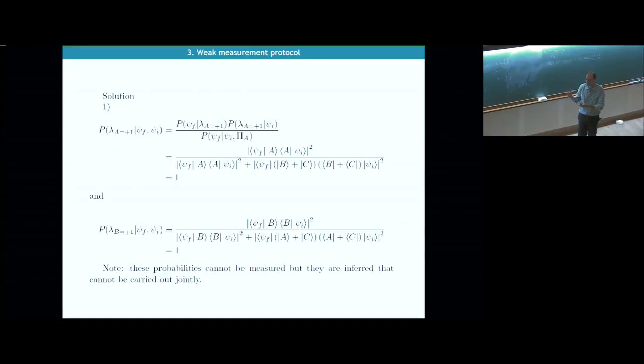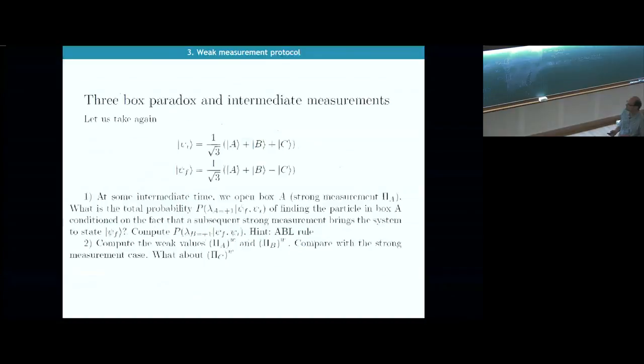This is just, if you want, a consequence of contextuality. But it's still valuable that standard quantum mechanics, not doing anything special, just tells you that if you make strong predictive measurements with boundary conditions fixed at the beginning and at the end, you get that type of result. So now the second part was to compute the weak values.